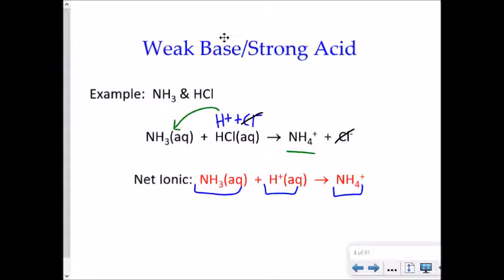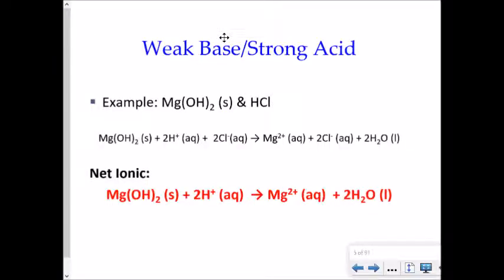And I said you can identify other weak bases because they'll have amino groups on there, the NH2 groups. However, you know, for your insoluble hydroxides that are very weak bases like magnesium hydroxide, so remember your strong bases are going to be the alkali metals with hydroxide, or calcium, strontium, barium with hydroxide.